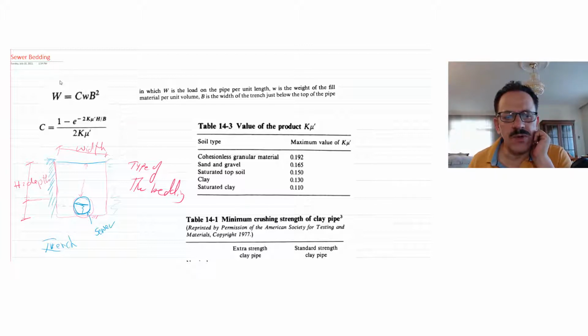So this is called H, and this is the width, which is called B. So the dimensions are B and H. By the way, H we have to have from the design of the sewer.